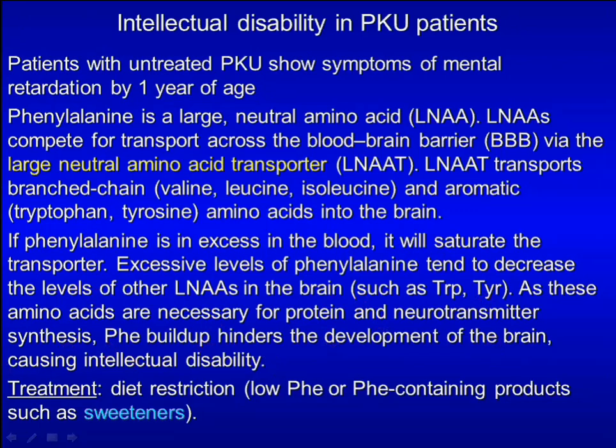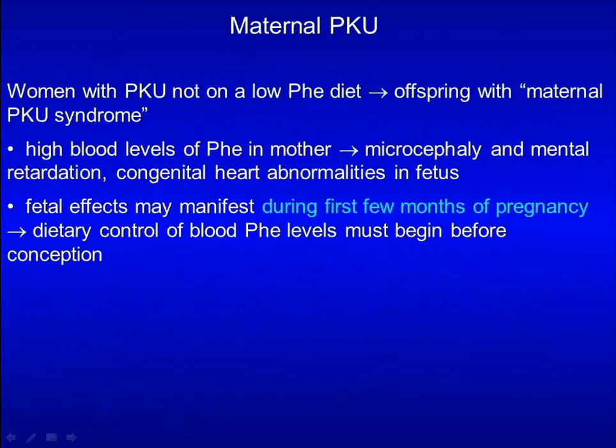Patients with PKU should be treated with diet restriction. Their diet should contain low phenylalanine or phenylalanine-containing products, such as sweeteners. Women with PKU not on a low phenylalanine diet have offspring with maternal PKU syndrome.